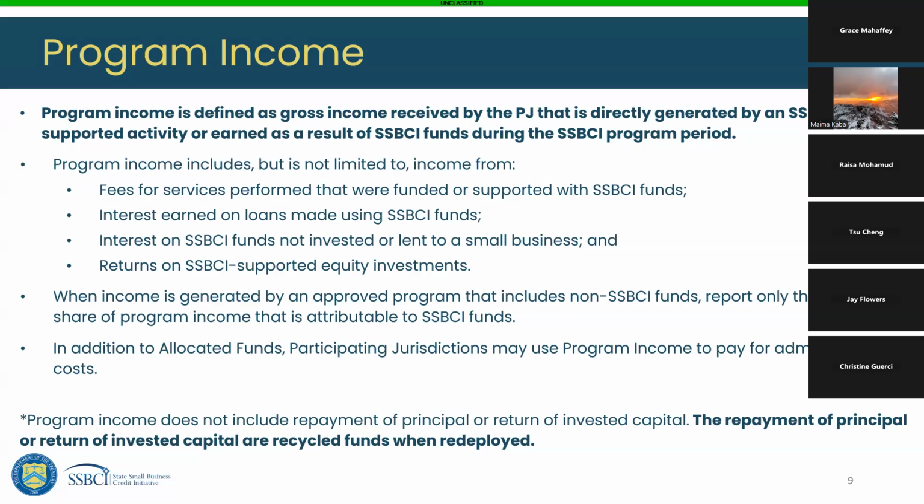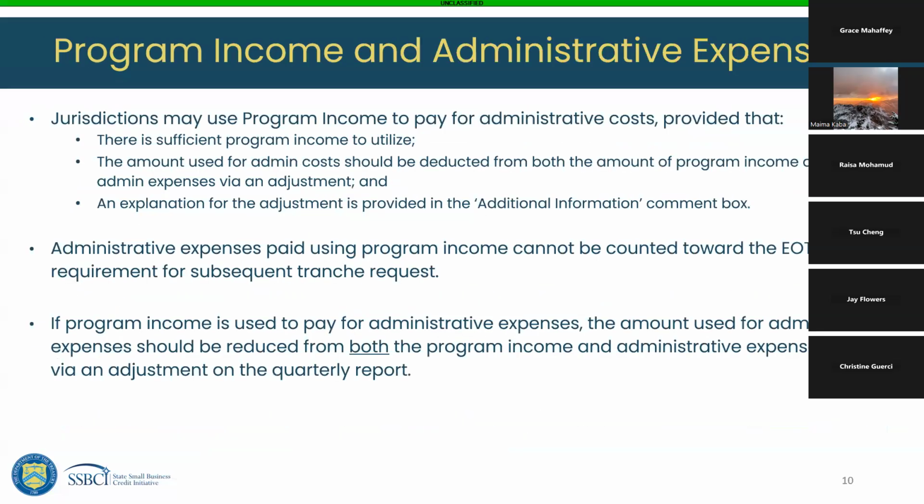Okay, moving on to the next slide, please. Thank you. Admin expenses may be paid using program income, provided that there's sufficient program income. For jurisdictions that want to use program income to pay administrative expenses, it is important to note that any admin expenses paid using program income cannot be counted towards the 80% EOT for your second or third tranche disbursement request.